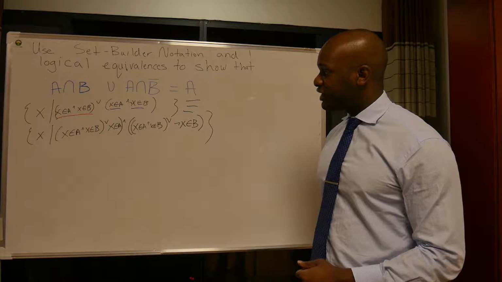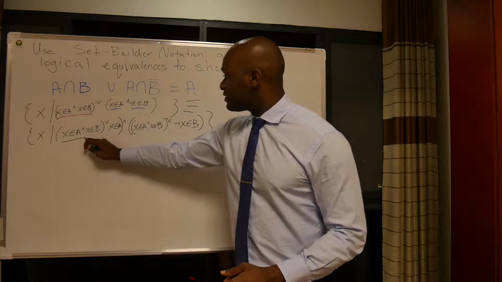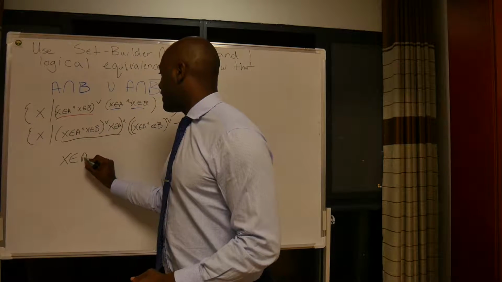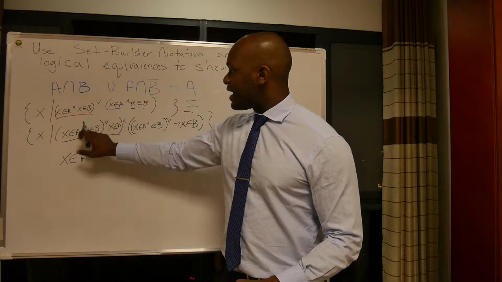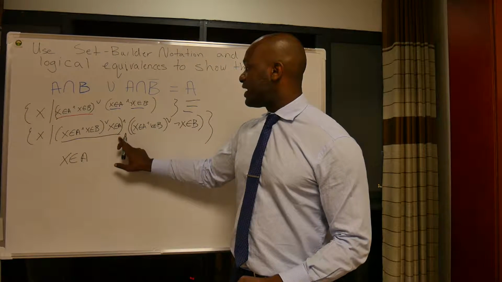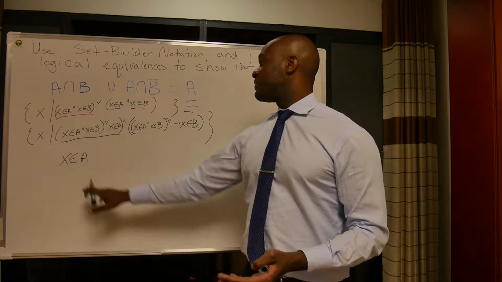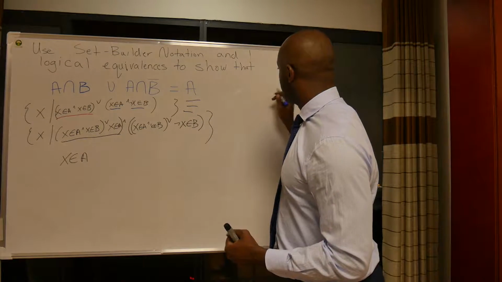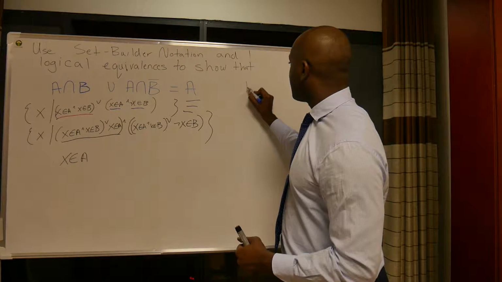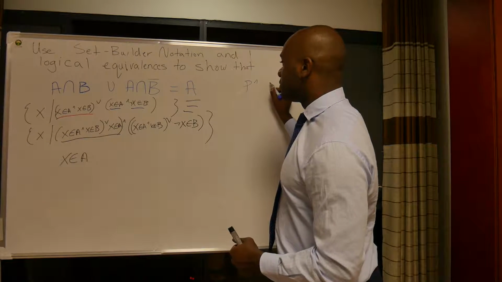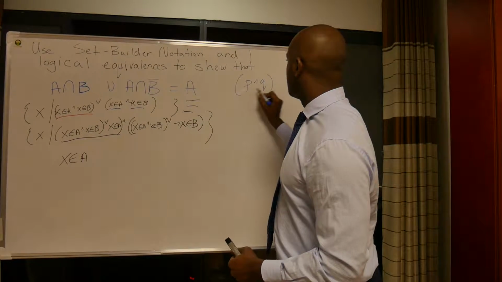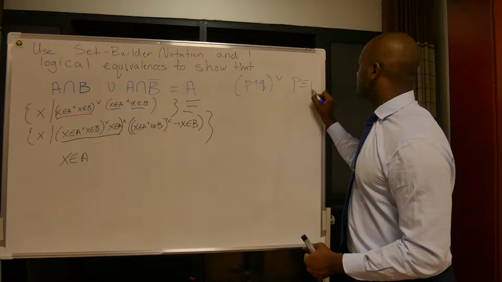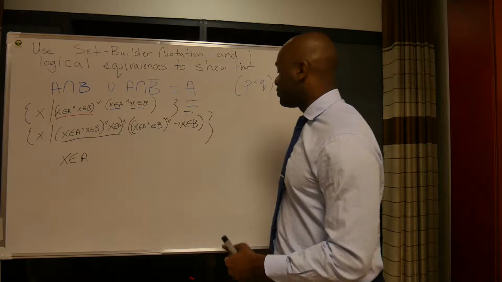So now let's define it further. We can rewrite this single proposition as simply being X belongs to A. In other words, X belongs to A and X belongs to B, or X belongs to A, is equivalent to simply X belongs to A. Now, if you remember your propositional equivalence from propositional logic, you know that if we have some P and some Q, or P, then this is equivalent to P. And that is the exact same pattern that we have here.